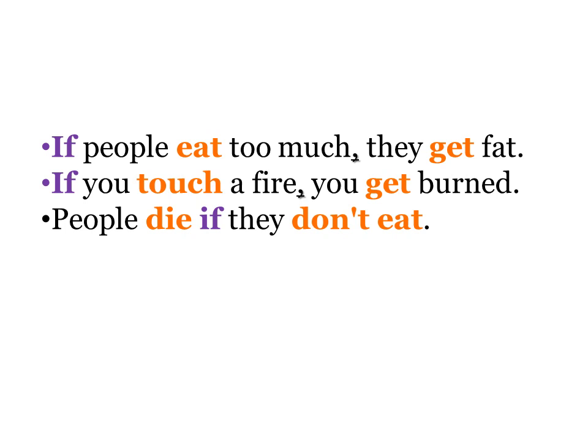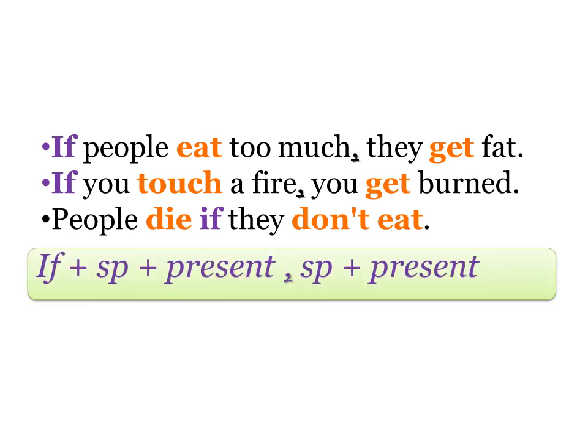So please notice the highlighted words. We have if and the verbs. So what can you see here? We have here if plus subject pronoun plus present, comma, subject pronoun plus present.